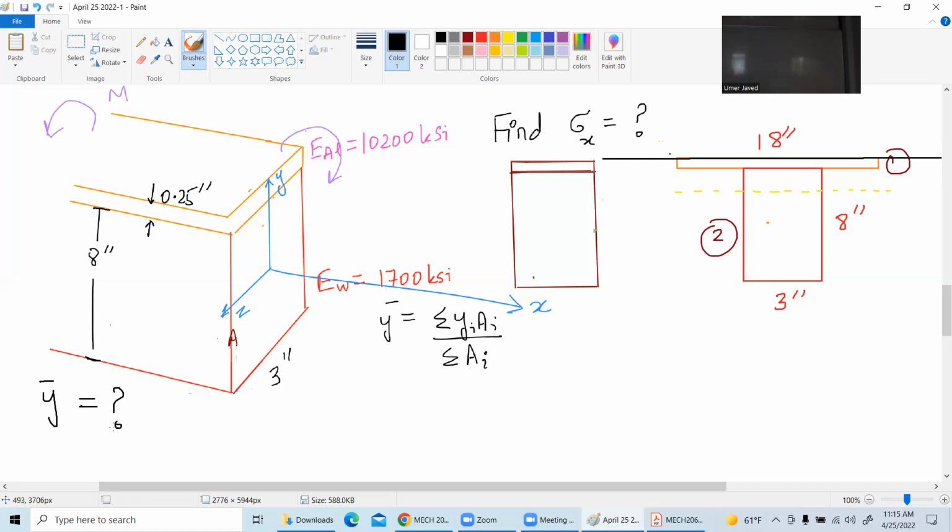Give it a shot. I'm going to do this after 6 seconds. Y bar equal to, write down the formula for me. Y bar formula.